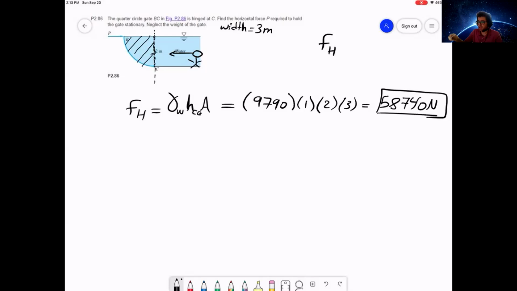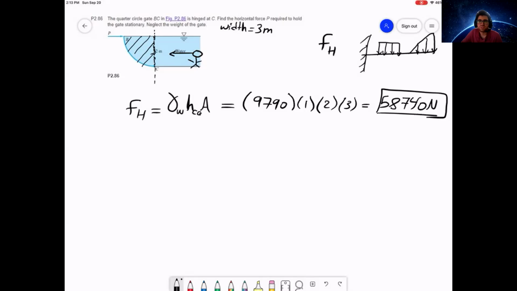Remember from solid mechanics, if you took solid mechanics before and we were dealing with beams, like a cantilever beam, and then you have a distributed force like this, and maybe a triangular distributed force like this. You guys remember that one?